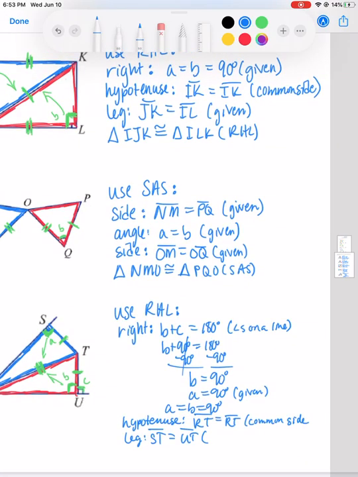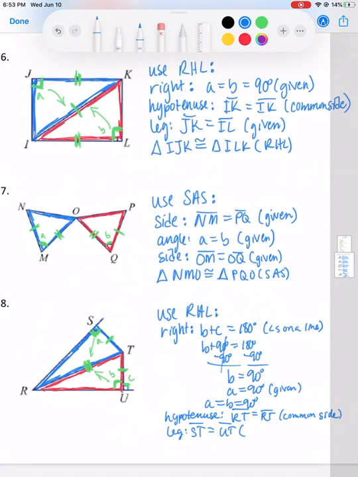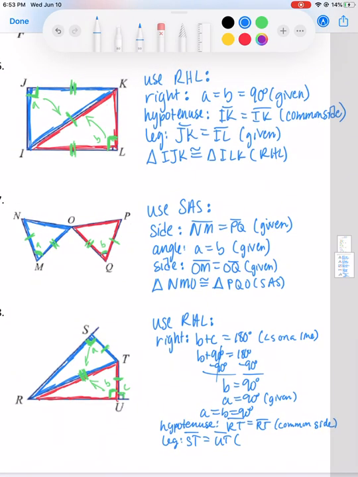And ST is equal to UT because it was given. Okay. Now I have my right, hypotenuse, and leg correspondences made. Time to say which triangles are congruent. So triangle RST is congruent to triangle RUT, and that's by RHL.